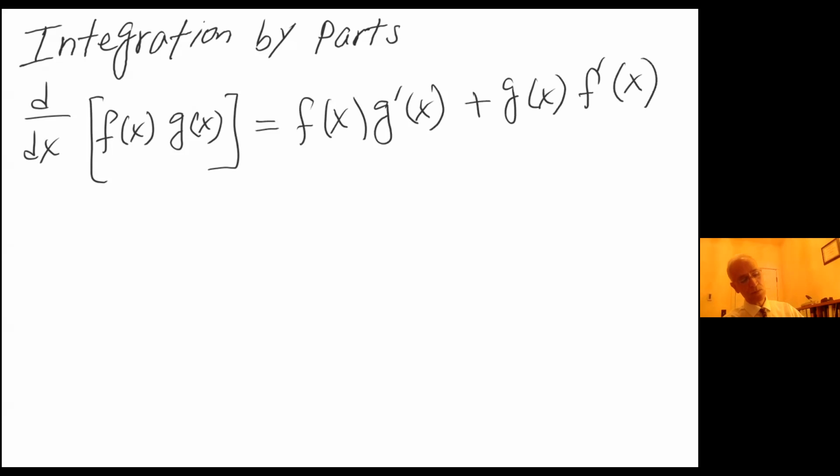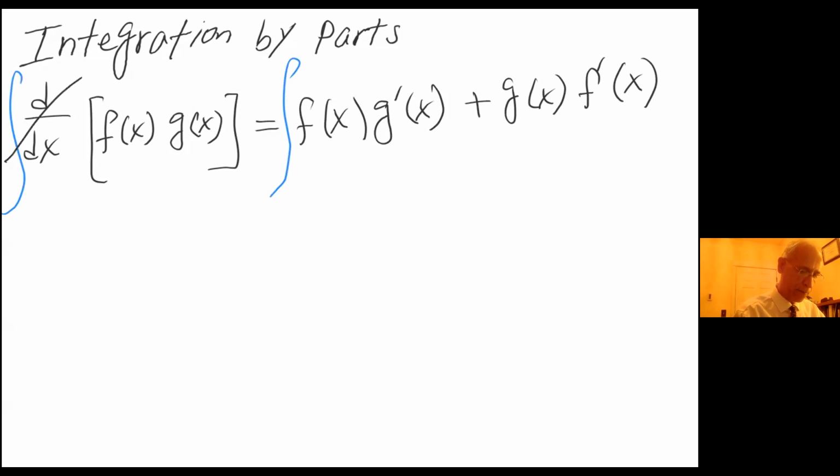Okay. Now let's go ahead and take integral of both sides. So integral of left-hand side, and then take integral of all the right-hand side. On the left-hand side, I will get, well, of course, this cancels out.